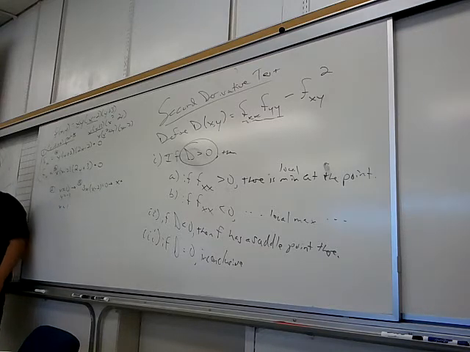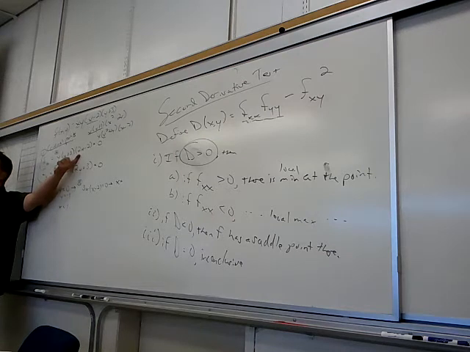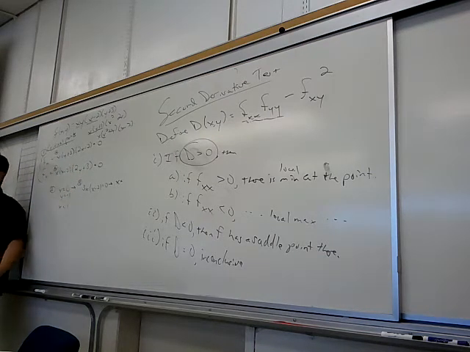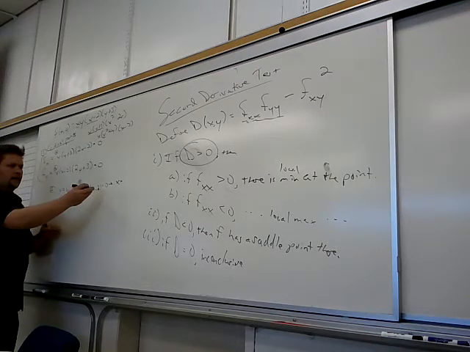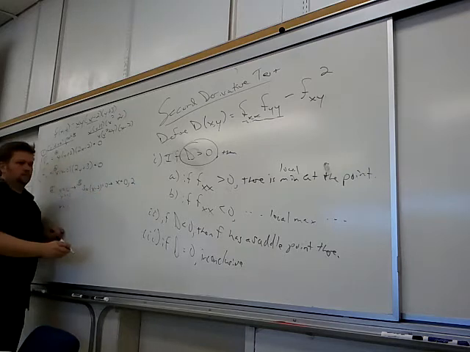So don't make more of this than it is. It really is just get the things that make this 0 and plug each one of them in here one at a time. Why was the other one easy? Because the answer was just one answer, and the other equation wasn't really an equation. It was a number. There wasn't anything to plug into the other one. So here I get x equals 0 or 2.